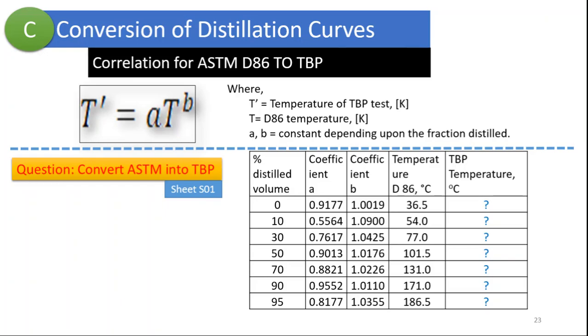A and B are constants depending on the fraction distilled. In this table, for the different volume distilled, the values of A and B are given, and the D86 temperature is given, and now you have to find out the TBP temperature. This is a task you have to do.